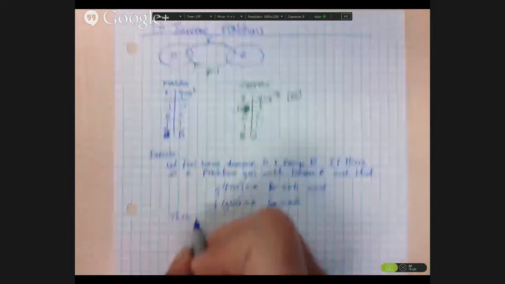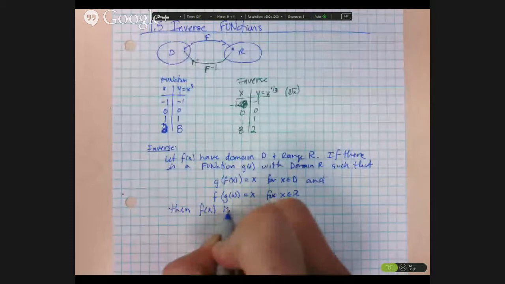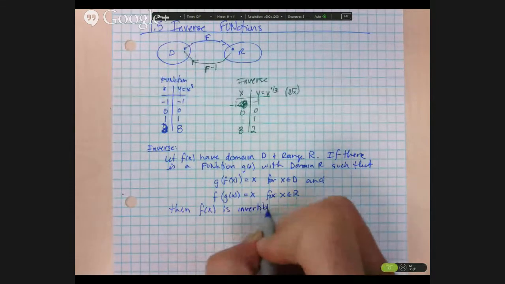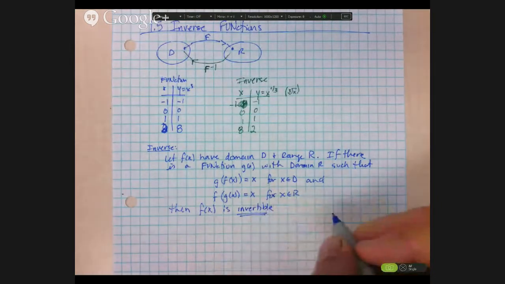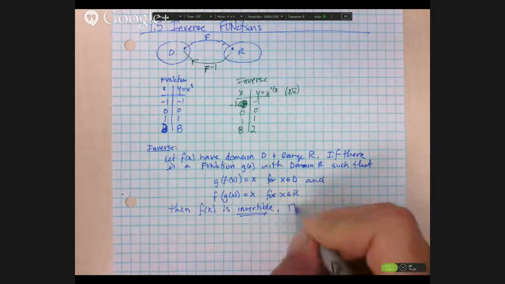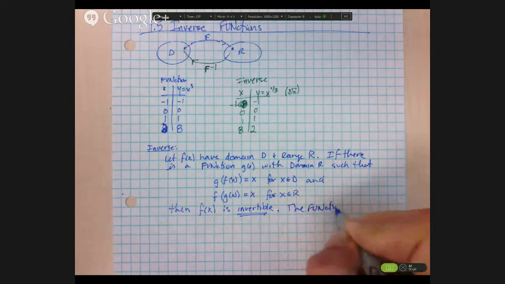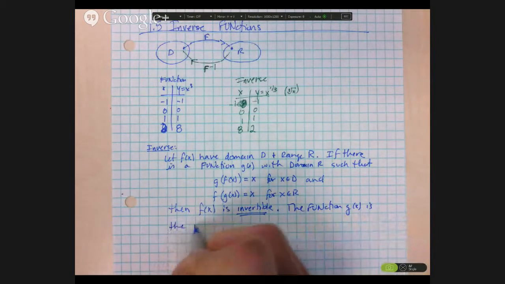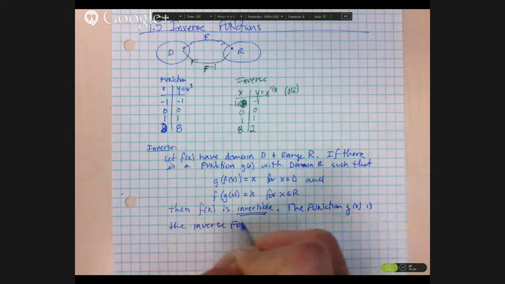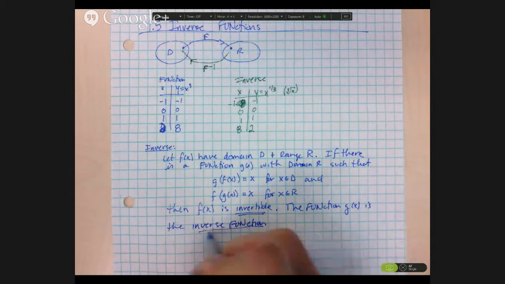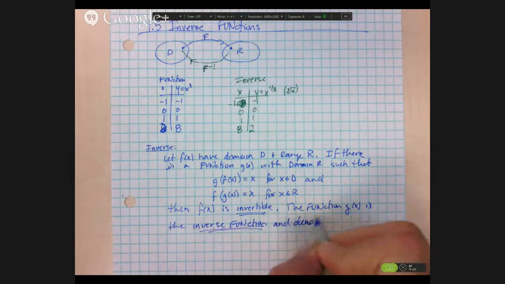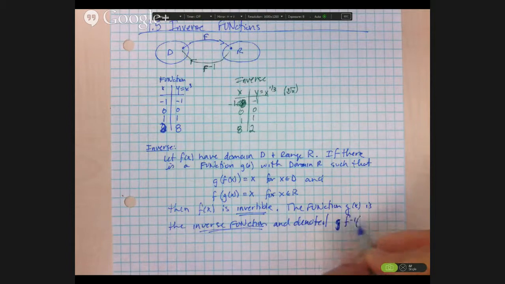Then f of x is invertible. That's a vocab word. The function g of x is the inverse function, also vocab, and is denoted f inverse of x.